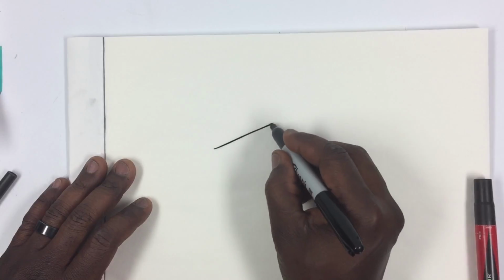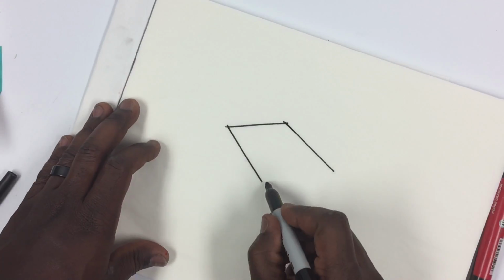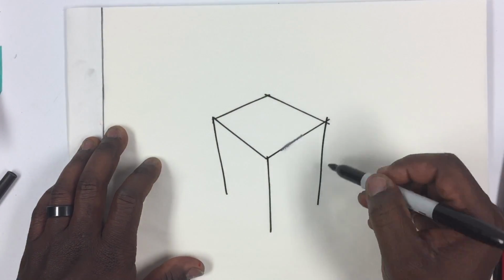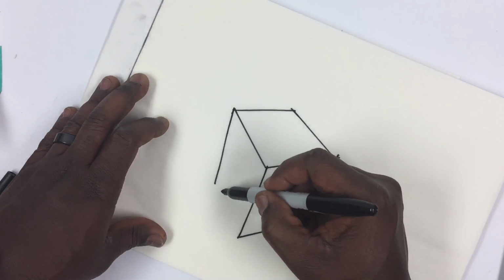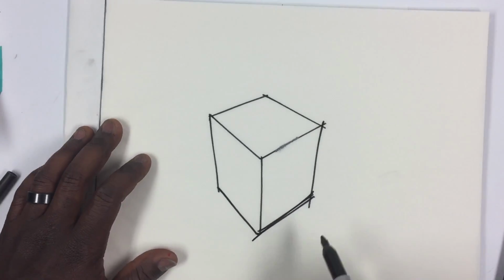So what about an object that is situated outdoors, say in a natural light setting? So once again, we'll do another cube here. Okay, so there's my cube.